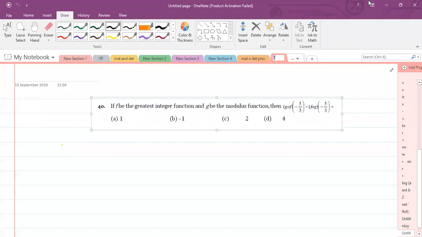Good, very good. f is the greatest integer function and g is the modulus function.